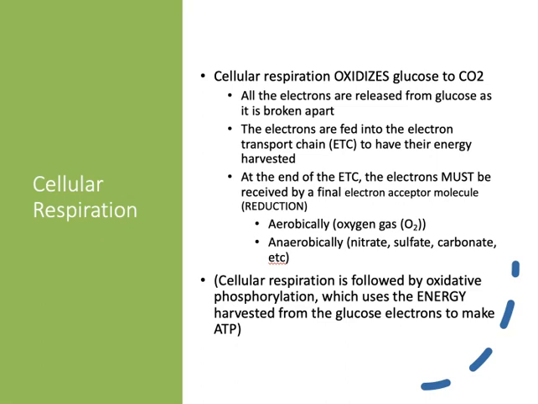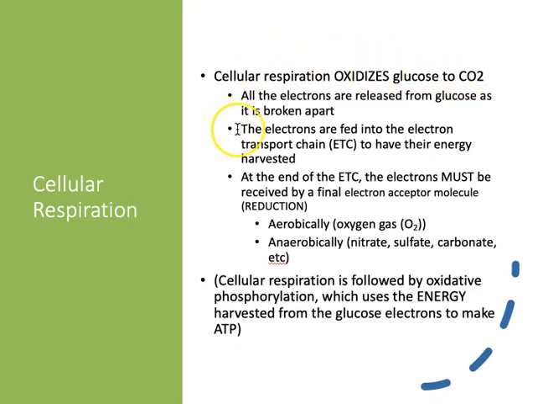Cellular respiration is going to break all of the covalent bonds in glucose, one by one, releasing all of those electrons until the only thing that's left is carbon dioxide. Glucose gets oxidized. It is losing electrons during cellular respiration.